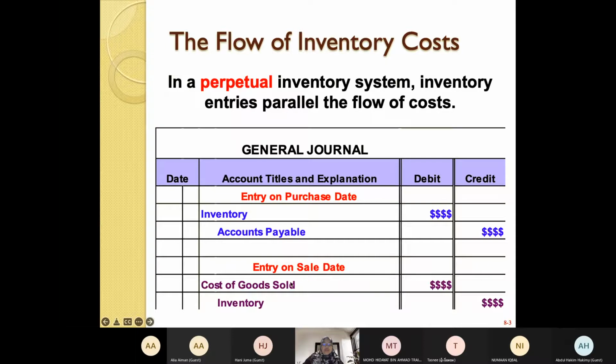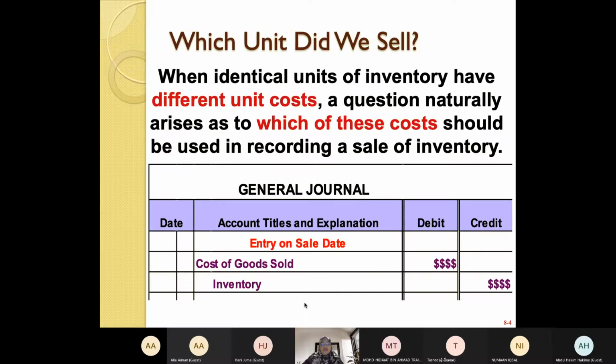When you make sales, you debit your cost of goods sold and credit your inventory, and these are always at cost. Of course, you have another transaction or journal entry where you record your accounts receivable and your sales. So which unit did we actually sell?